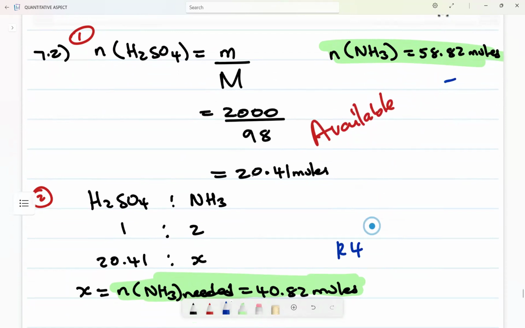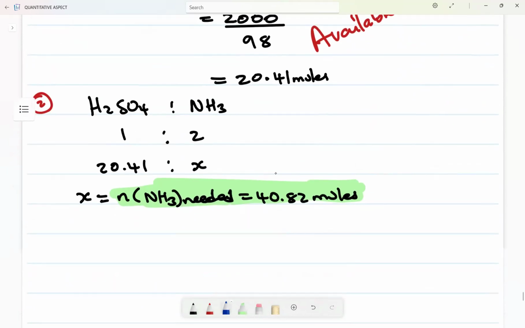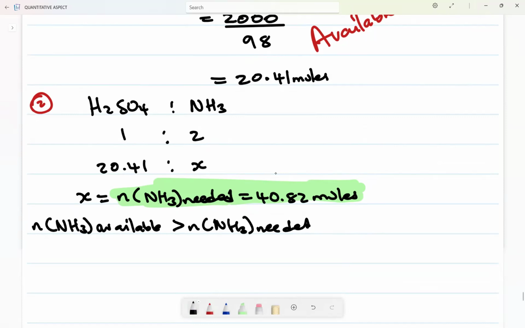So we say the number of moles of NH3 available is greater than the number of moles of NH3 that is needed. Therefore NH3 is in excess because it is greater. It has enough. NH3 is in excess.